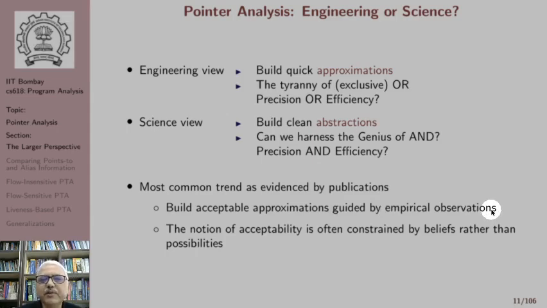So most papers on points-to analysis will come up with some idea and will say because of this I get 10% more improvement or 20% more improvement, etc. What is acceptable is often constrained by beliefs rather than the possibilities of what could be done. And therefore we need to make a clear distinction between approximations and abstractions.